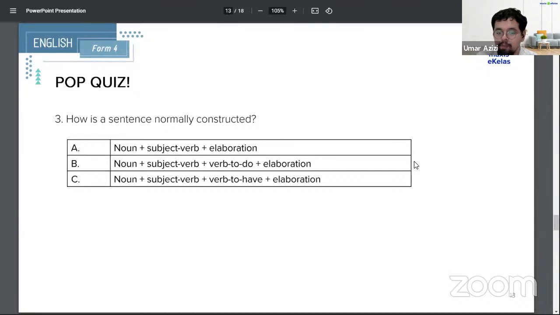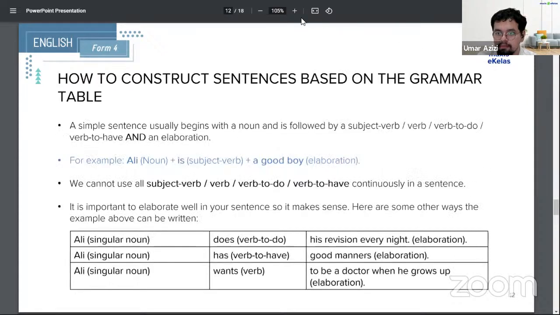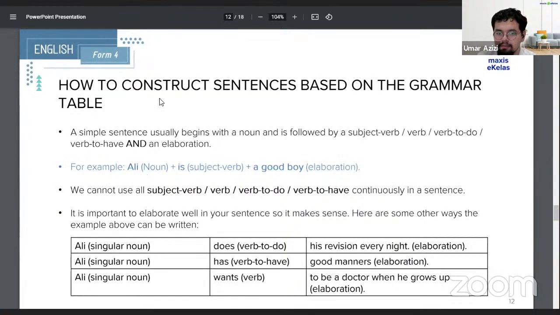Is it A, B, or C? How is a sentence normally constructed? B good. Okay, let's check.